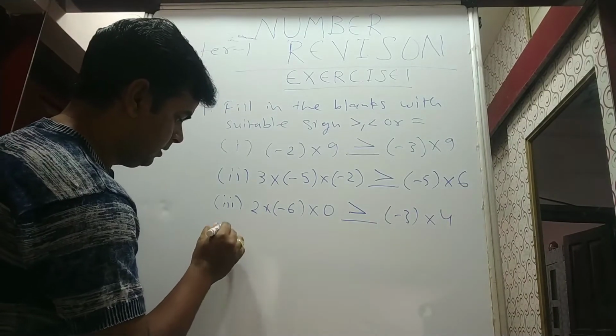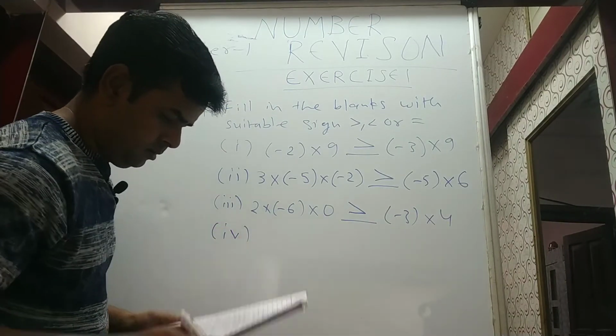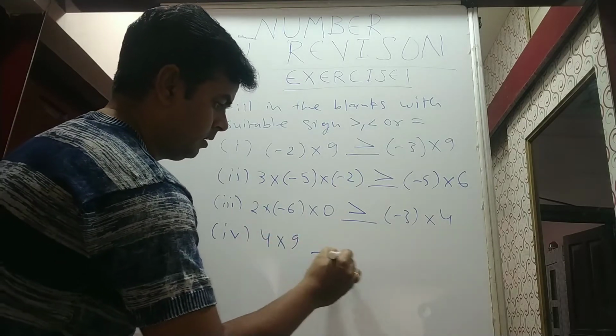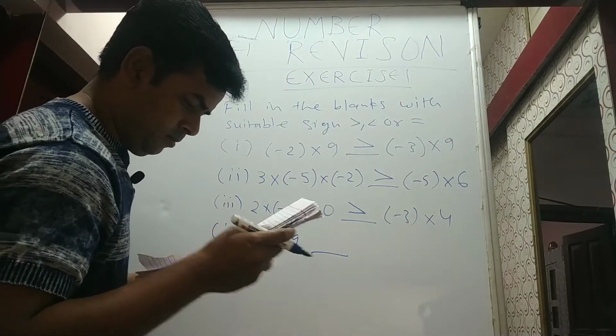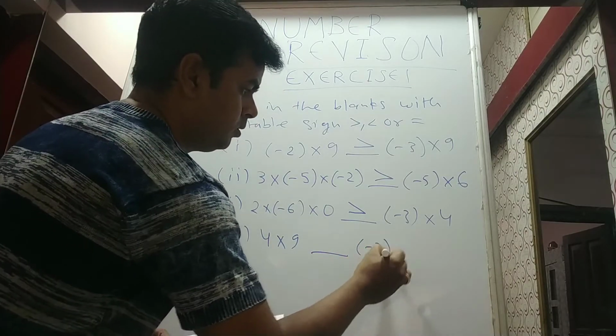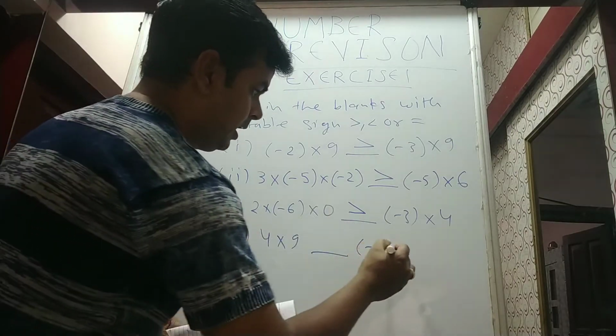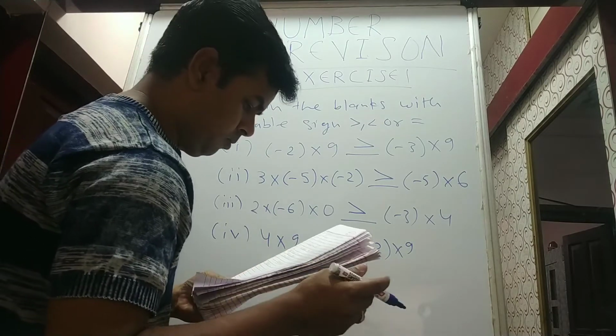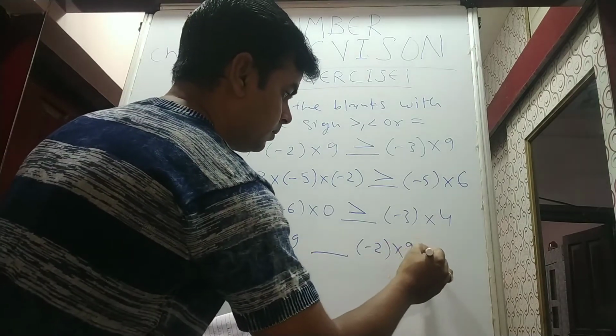Next question. 4 into 9 dash minus 2 into 9 into minus 2.